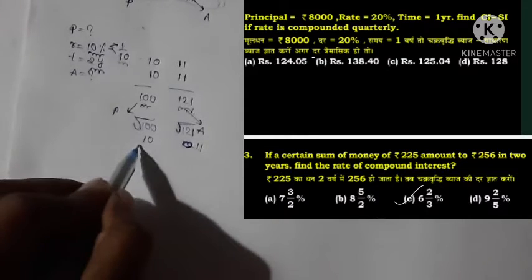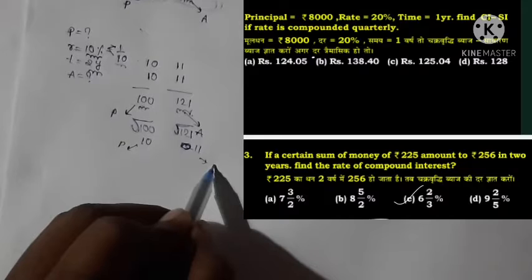So find the rate of interest. This is the principal and this is the amount.